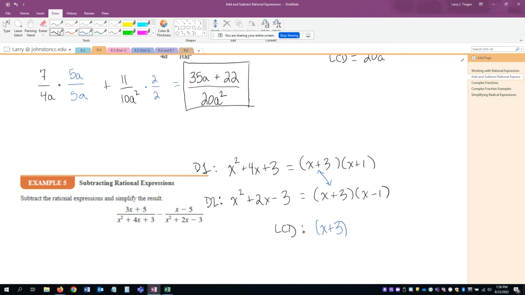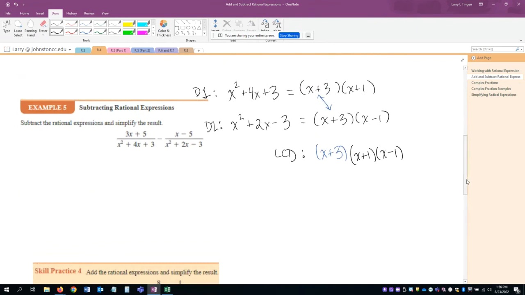Now everything else only appears once, so that means I've got the x plus 3 times x plus 1 times x minus 1. That's my LCD. It doesn't look like an LCD because it's hard to remember that x plus 3, quantity x plus 3 is a single number.